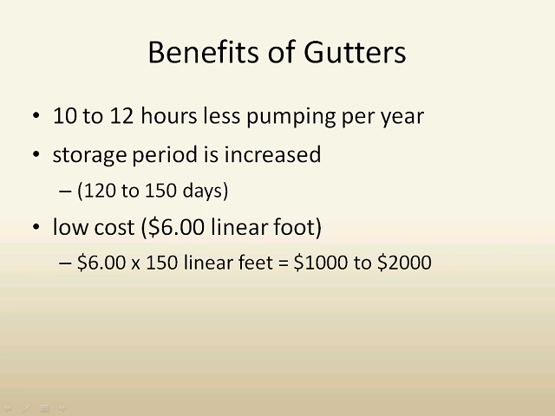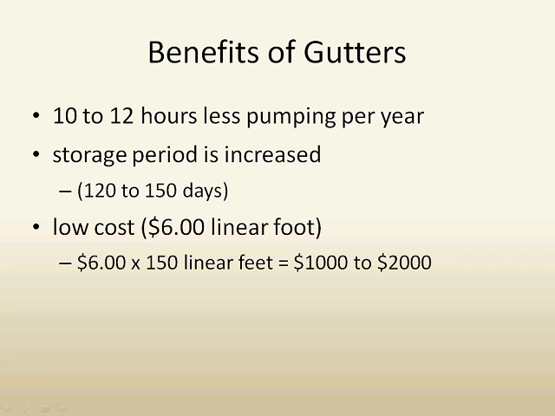What does that mean to a producer? And this is a selling point that we use when we're talking about installation of gutters and what's the benefit to the producer. That means 10 to 12 hours less pumping per year. It means that if you have an existing pond, you can increase your storage period from 120 to 150 days.